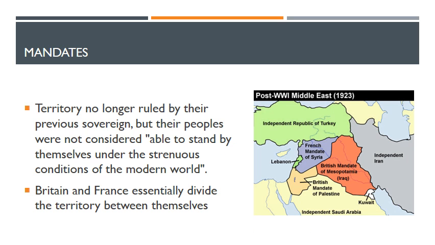The British and French couldn't just say that they were taking the territories, so the mandates were essentially considered: these countries aren't quite ready to be run independently, so Britain and France are going to keep an eye on them and help them out. Essentially, Britain and France just divided the territory between them.